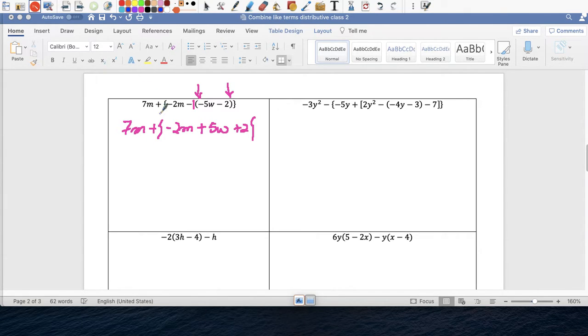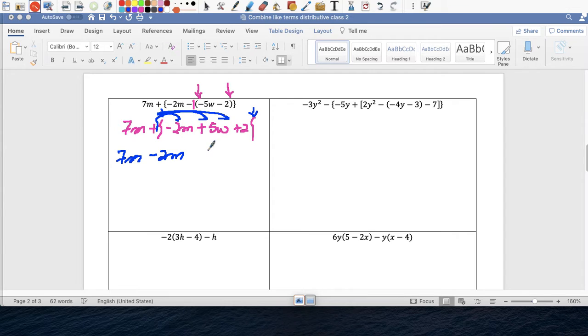Now, I have to remove these, right? Let's just call them brackets for now. In order to remove them, likewise, I'm going to pretend there's a 1 in here. This times a positive 1, and that's going to be multiplying times every term. So positive 1 times negative 2m is going to be negative 2m.